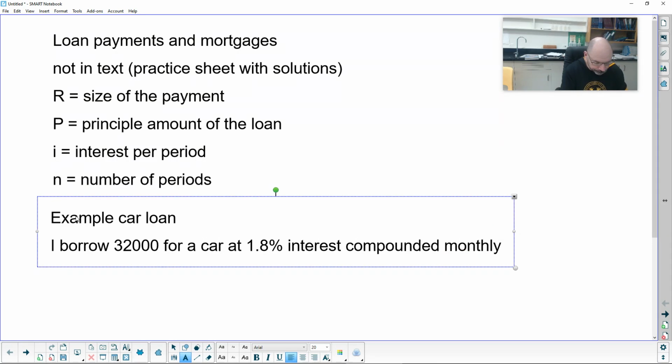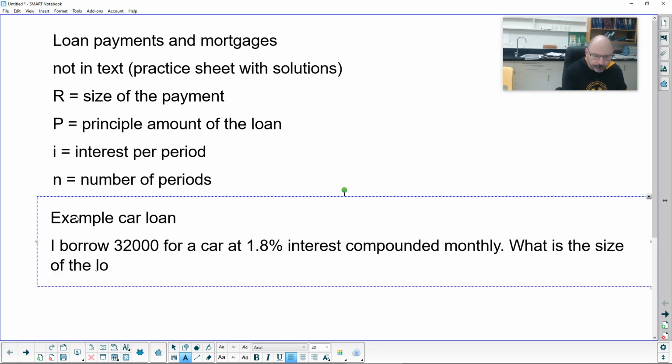Okay, that's the idea. What is the size of my loan payment? So we're going to be looking for R, if I extend it over 5 years.